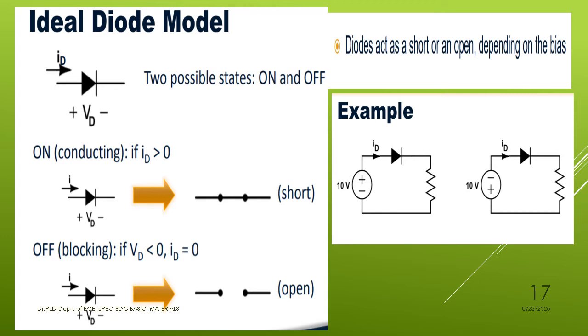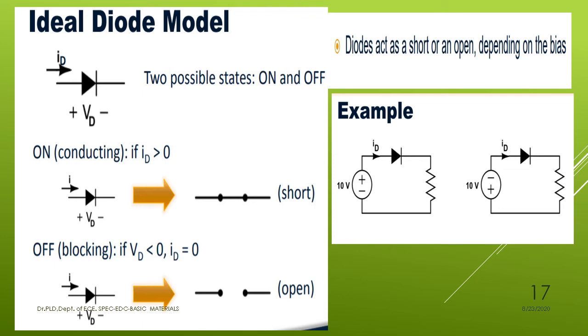During this particular on period, the diode acts as a short circuit. That we are representing as a short circuit here, that is, between the two points as a short circuit. Off condition means it is the blocking mode. Whenever it is in the blocking mode, the drop across the diode is less than 0. In the blocking mode, it acts as an open circuit, open switch or off switch.